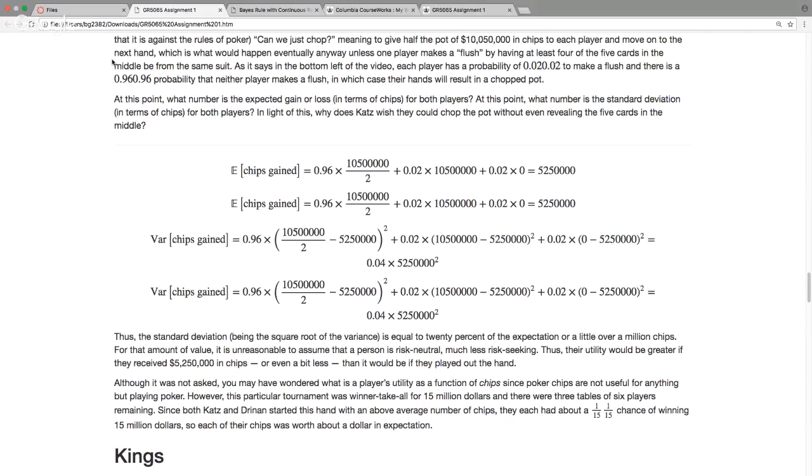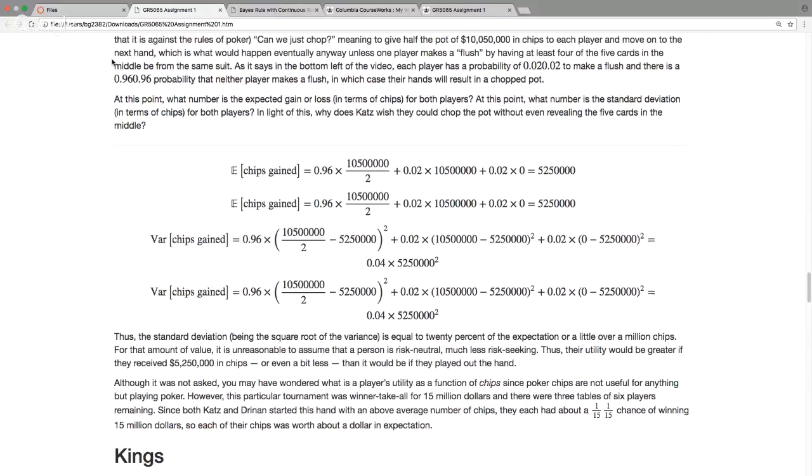So if they'd had the option, their utility would be greater if they just received their expectation and moved on to the next hand, or even if they received a little bit less than their expectation, if they could just go on to the next hand and not take the realization of what happens on the next 5 cards.